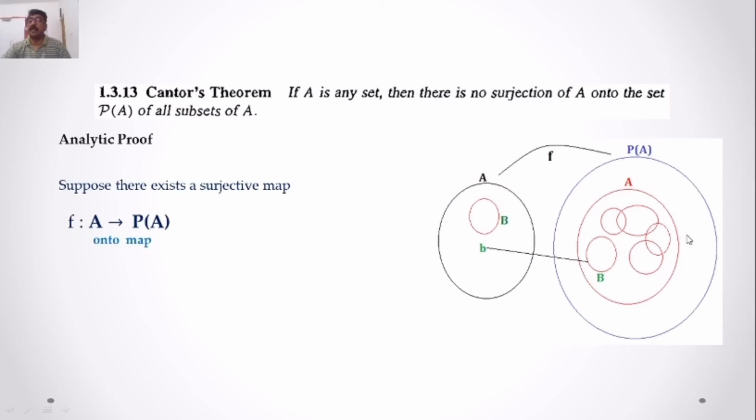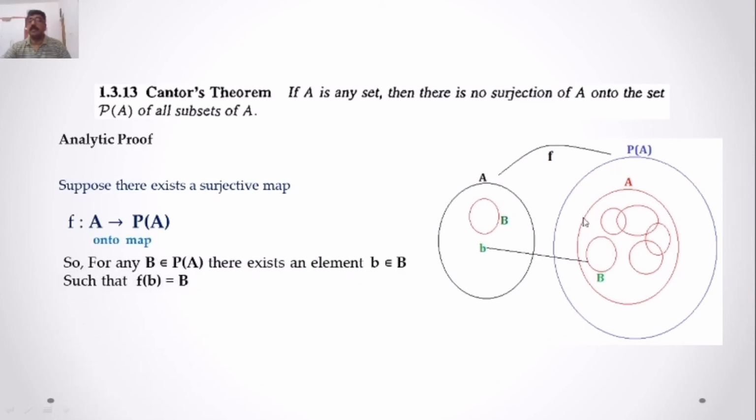That means for any element in P(A) that you take, correspondingly there is an element in A such that f maps that element to that element of P(A), that is a subset of A. That means for any B you take in P(A), B is a subset of A. So corresponding to this B, there exists an element b such that f(b) is equal to that B, of course, because f is assumed surjective.